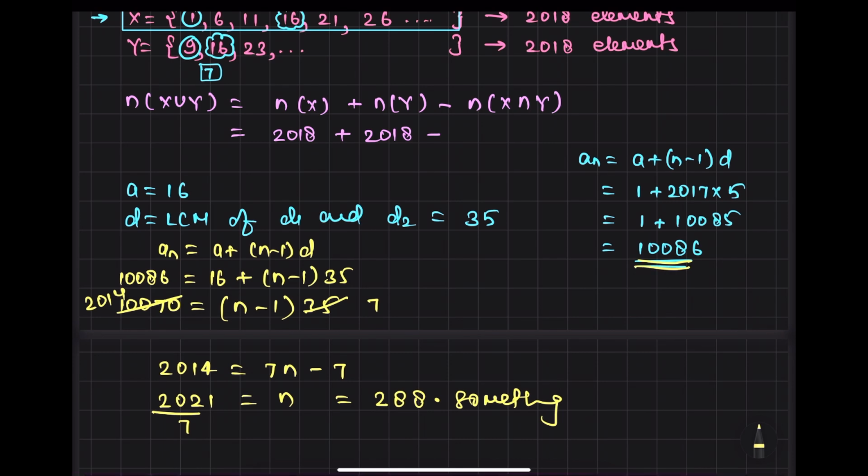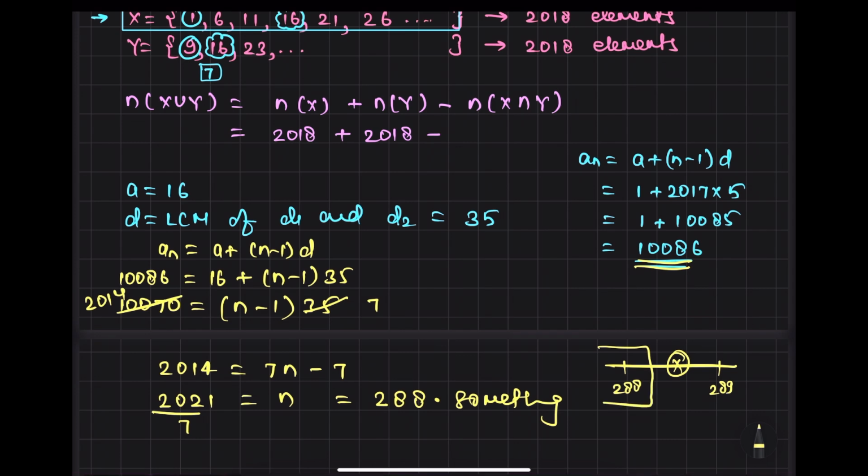Its location is somewhere between the 288th and 289th terms, but n cannot be a fraction, it should be a complete natural number.